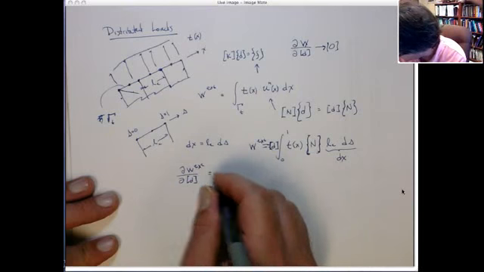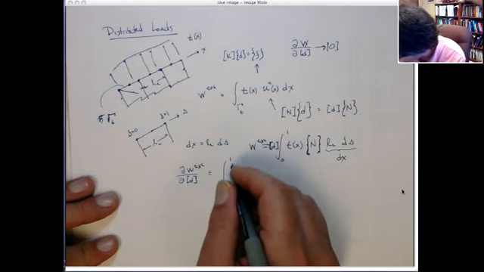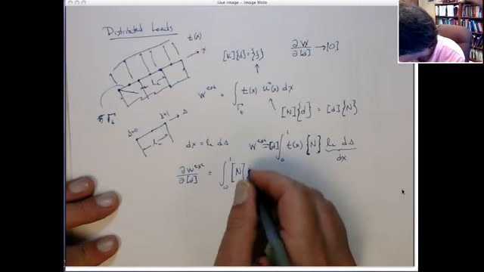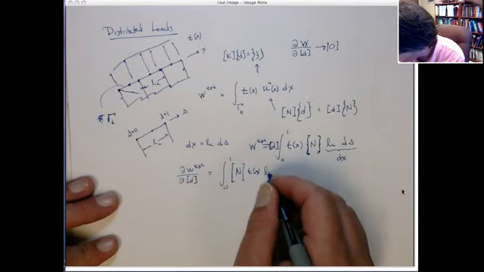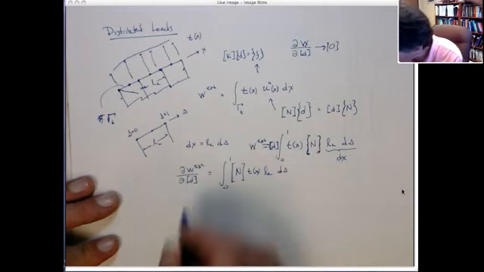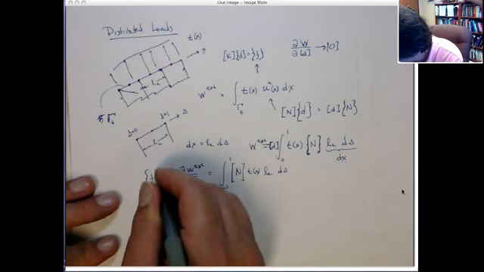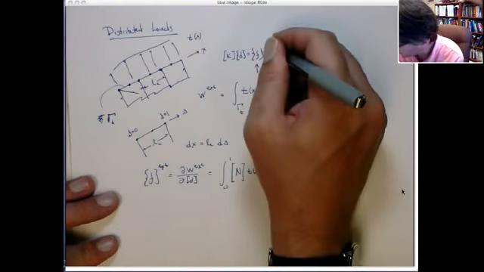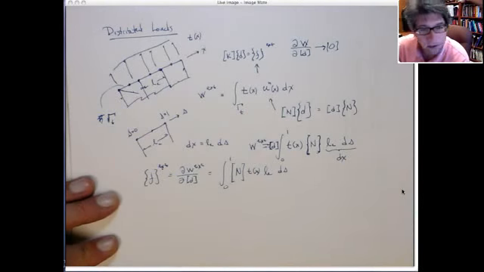So this just leaves me with the integral from 0 to 1, the column vector of the shape functions times the given distributed traction, times the length of the element, ds. All right? So this quantity here is actually the external force that arises from the distributed load.